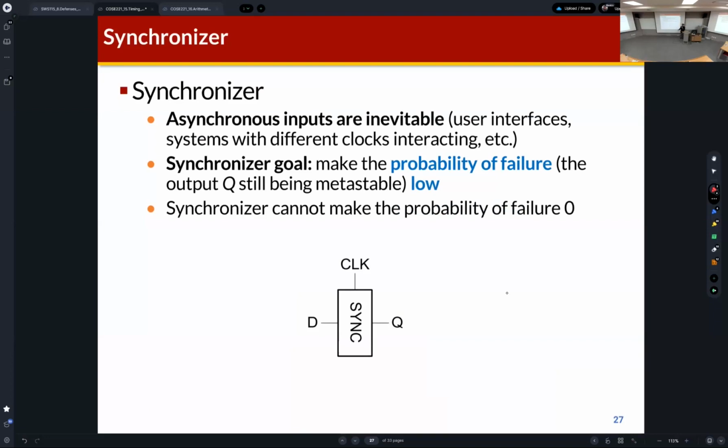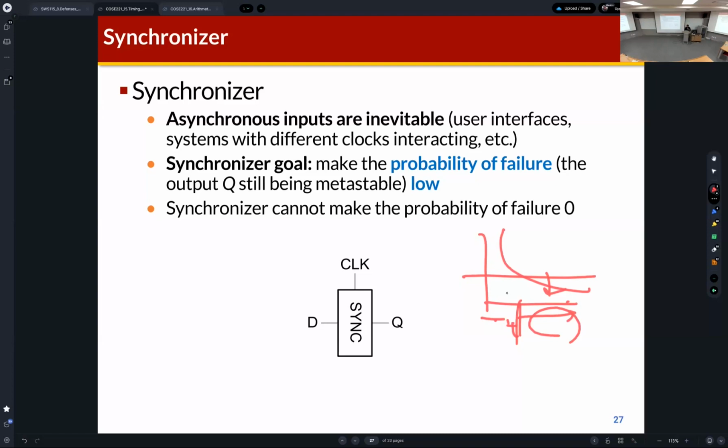We cannot avoid the metastability entirely, but we can reduce the probability of metastability, the probability of failure, to be very low. Fortunately, this function is the inverse of the exponential function, which means that if the t is large, then we can extremely reduce the probability of metastability.